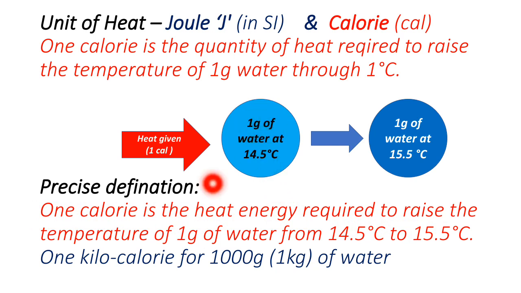If it is 1000 calories, that means 1 kilocalorie, then it is the heat required for 1000 grams, that is 1 kg of water, to raise its temperature from 14.5 degrees Celsius to 15.5 degrees Celsius.